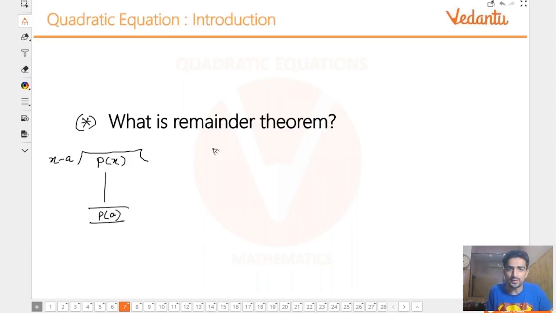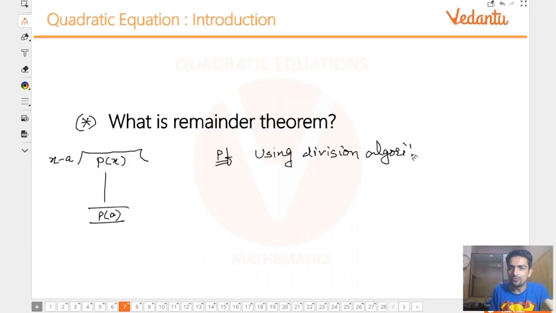Now, how to prove it? Some of you got confused with the division algorithm. Many of you, when I asked what is the remainder theorem, said the division algorithm. Actually, you gave the statement of the division algorithm. Division algorithm is different, remainder theorem is different. But of course, the proof of the remainder theorem will come from the division algorithm.